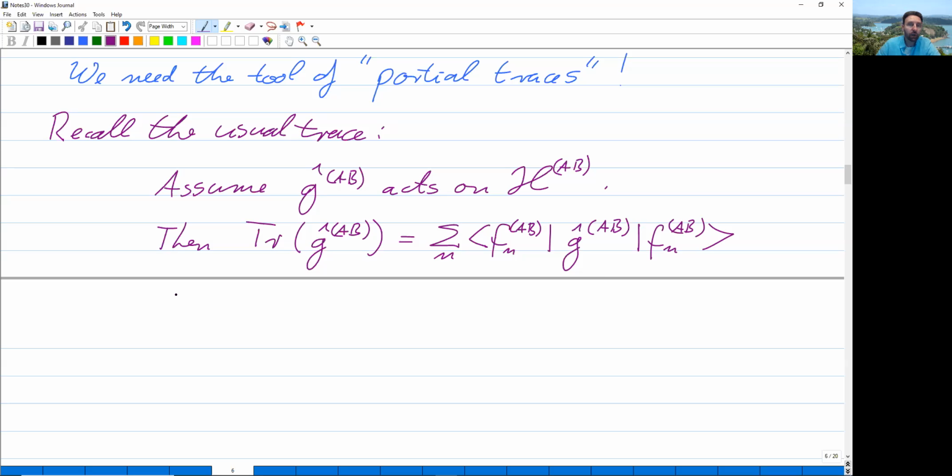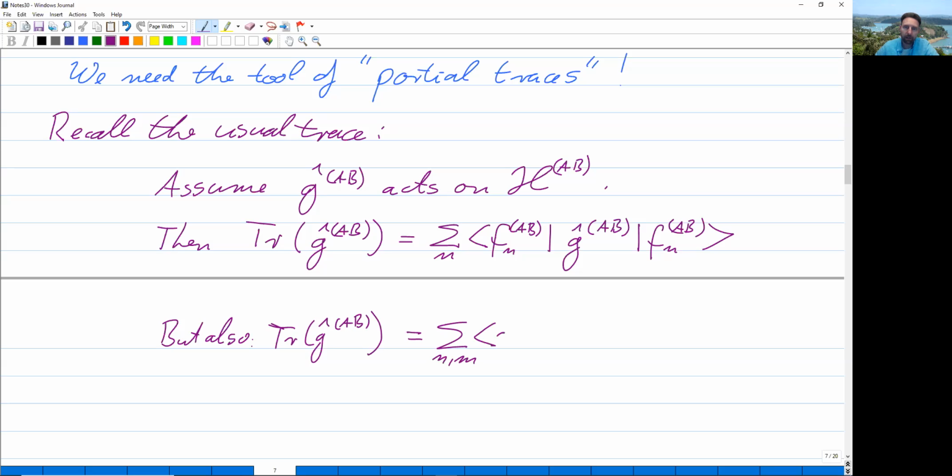But also, we can use other basis vectors. Not these. We can choose any basis vectors in the big Hilbert space that we want, including the basis vectors that are constructed by the tensor product out of the basis vectors of the subsystem. So therefore, we can also write this trace. The trace of G hat AB, we can also write it as the sum over n and m.